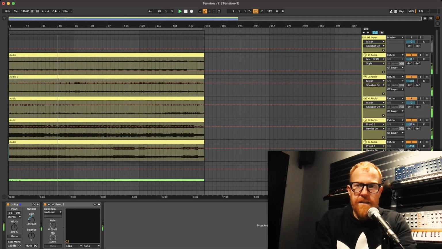Finally, let's bring in this 4th layer, which is the Octatrack.